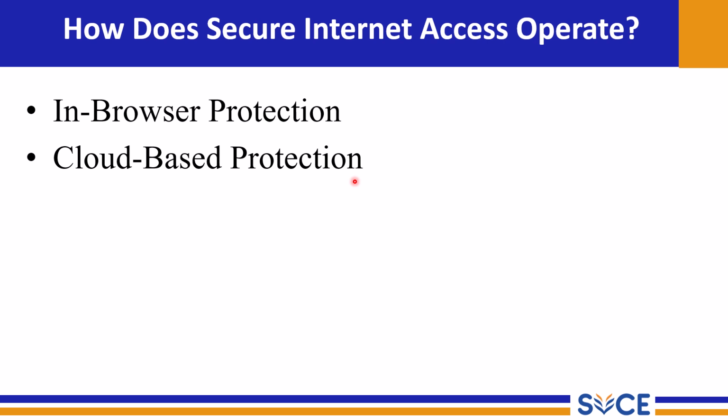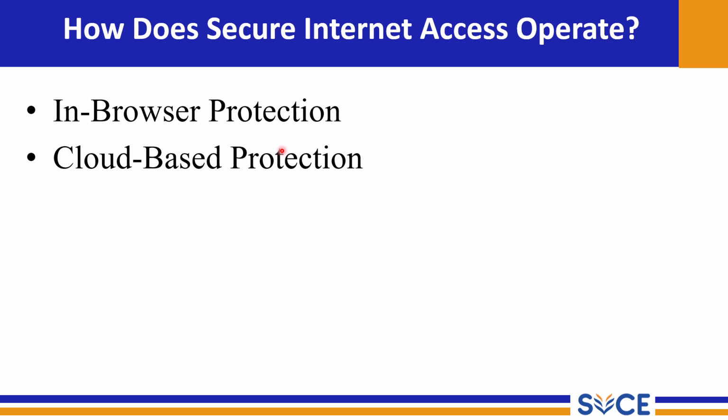In in-browser protection, agents deployed in a user's browser can inspect internet traffic on the endpoint itself. This provides secure and private web browsing without incurring latency or redirecting traffic to an inspection point. And in cloud-based protection, a secure web gateway, which we call an SWG, is deployed as a cloud service that can provide protection to an organization's entire workforce.